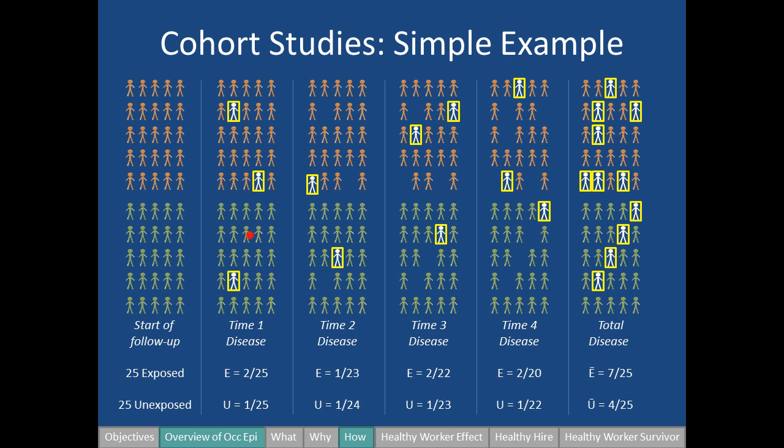Cohort studies are also quite costly, so that has to be taken into account as well. So sometimes how long you follow a population for may be dictated by how big your budget is, unfortunately.